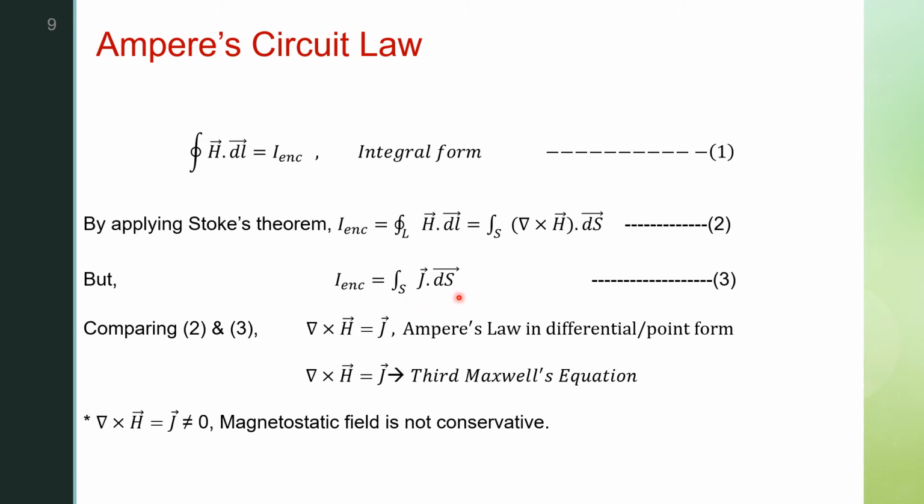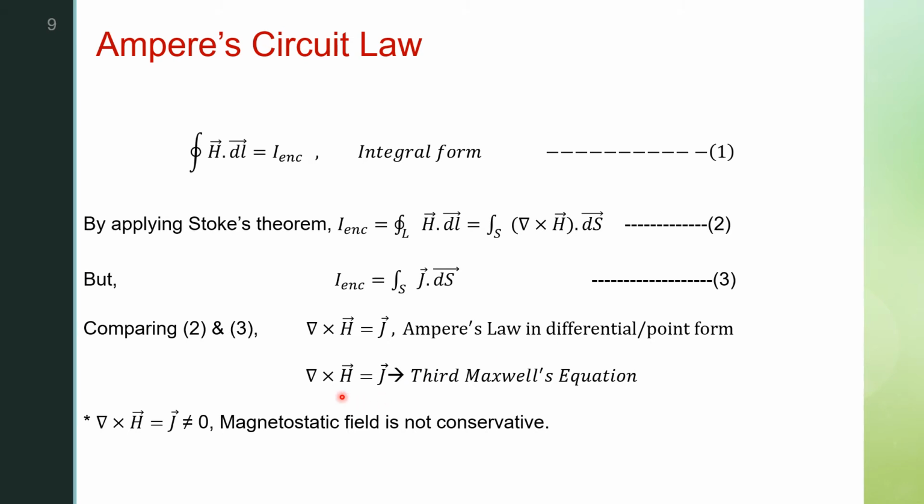Let's compare what you will get. From here we have the term del cross H and here we have J. So when you compare these two equations, we get del cross H is equal to J. This is actually Ampere's law represented in differential form or point form.